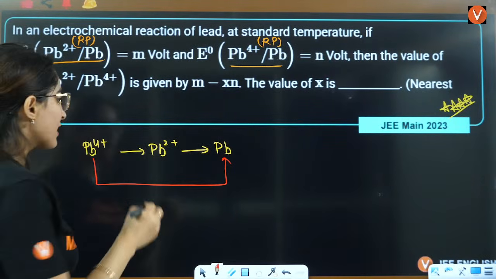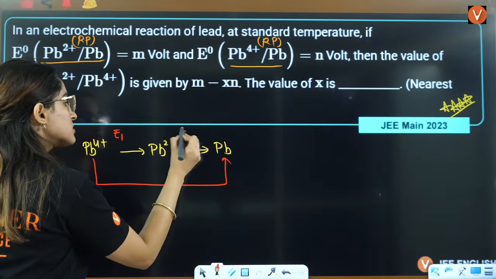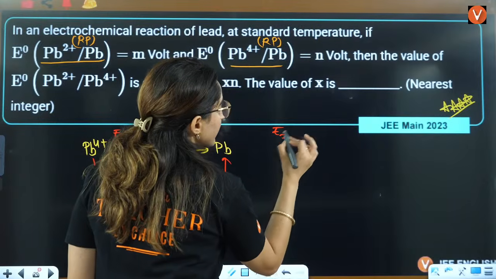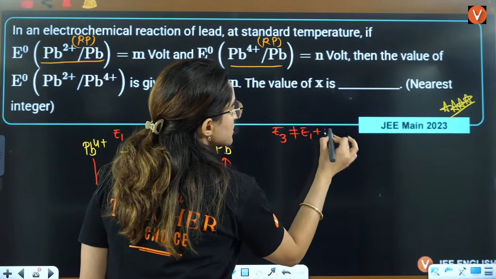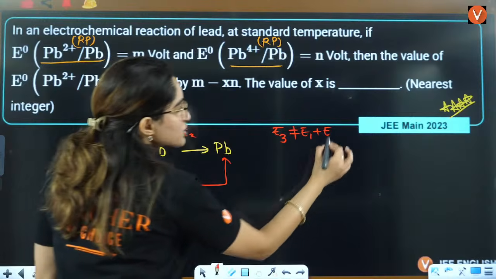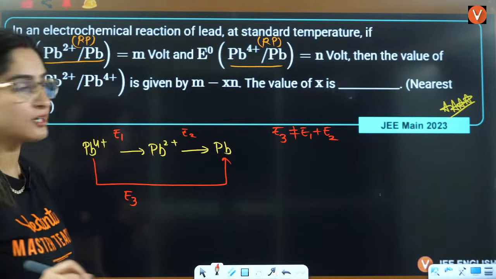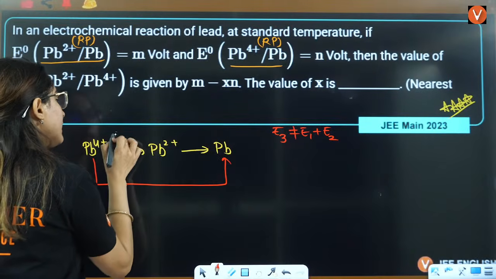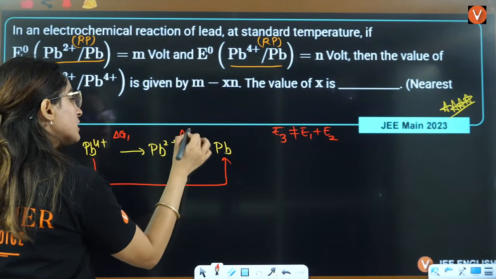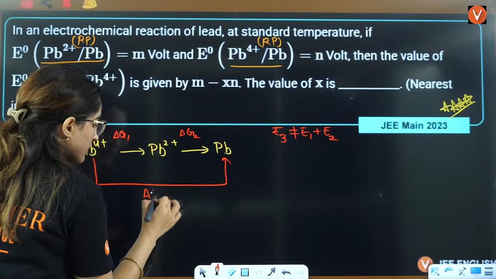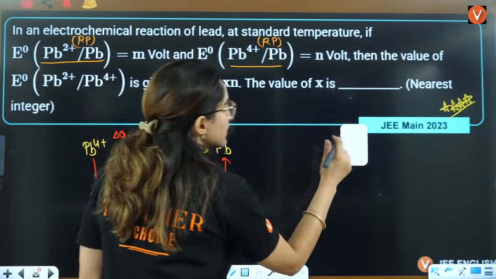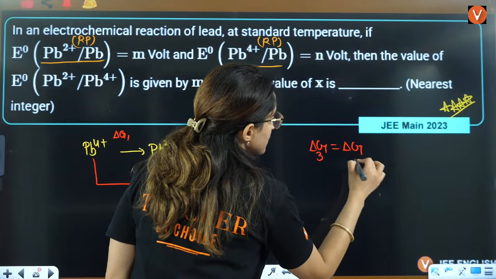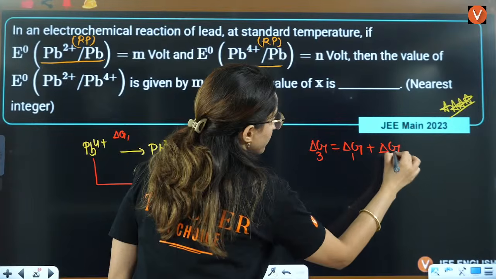Always remember, if this is E1, this is E2, this is E3, then E3 can never be equal to E1 plus E2. Electrode potentials can never be added like that. But we can definitely say that delta G3 is equal to delta G1 plus delta G2.